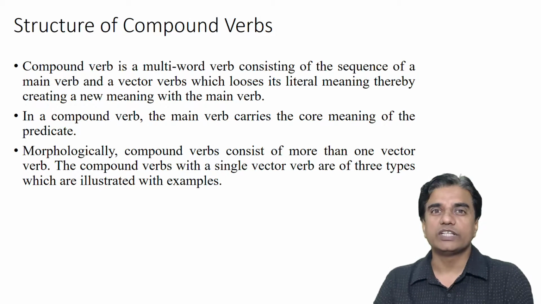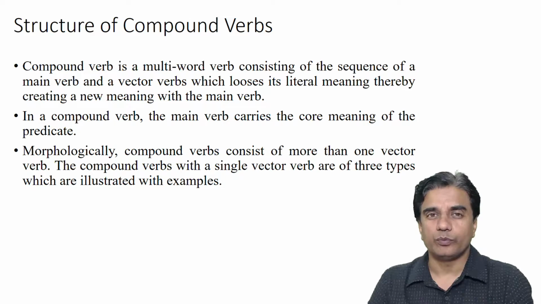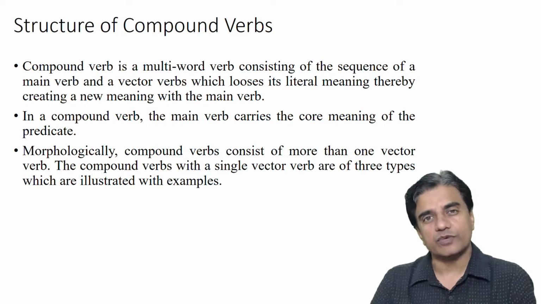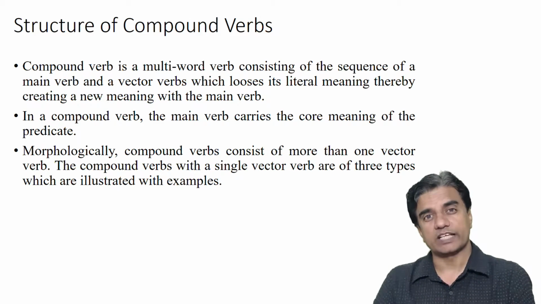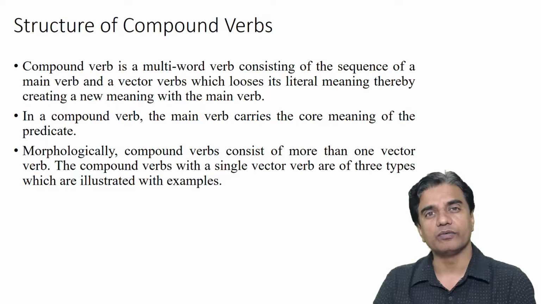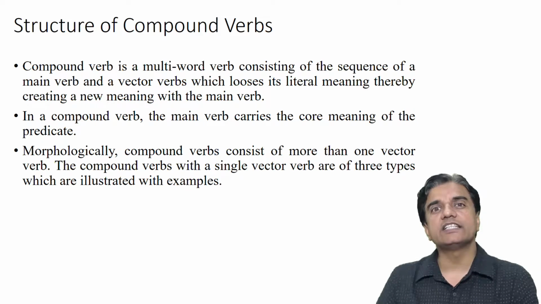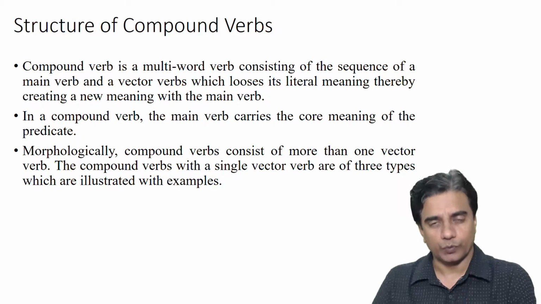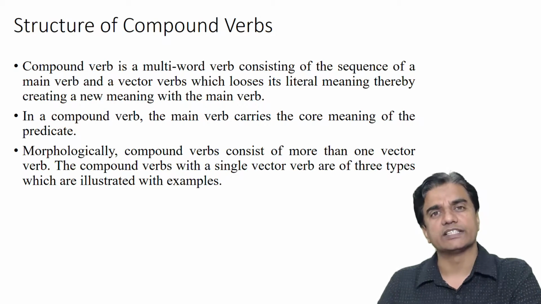However, when we see a sequence of two verbs, that is a complex predicate, and when we see a simple verb, a simple predicate, we see a huge difference in the meaning. Let me give you an example.